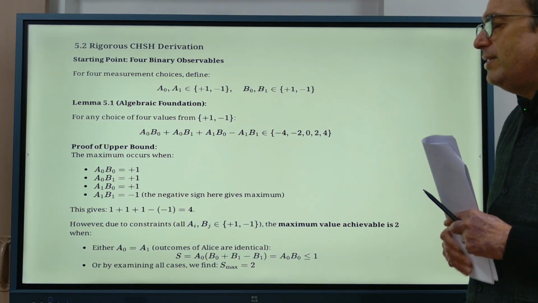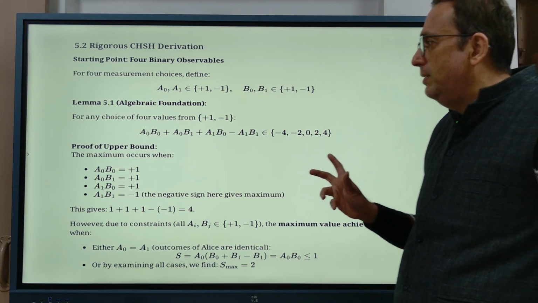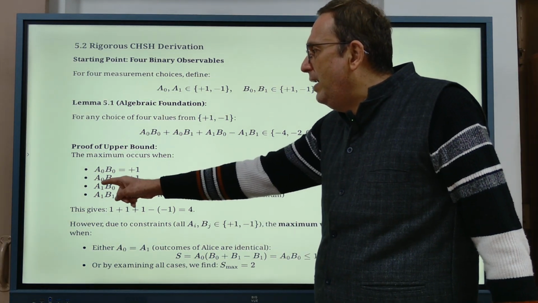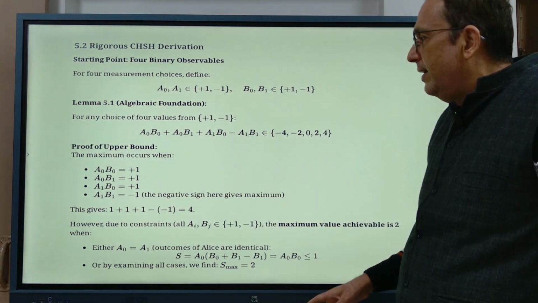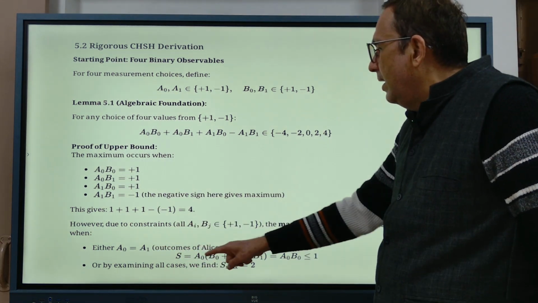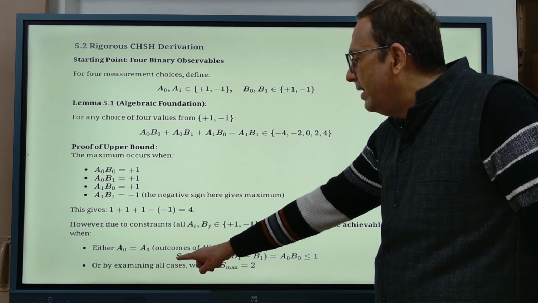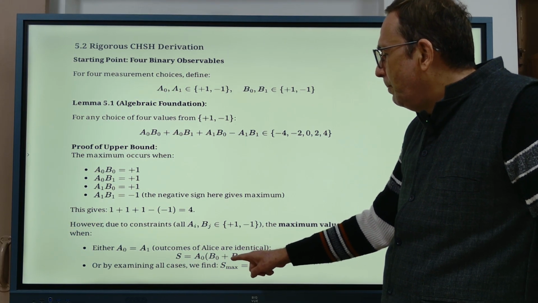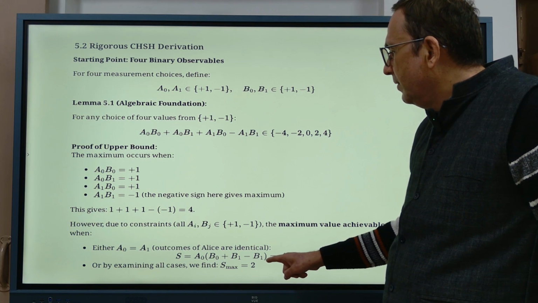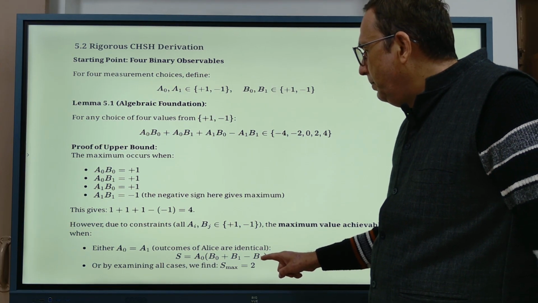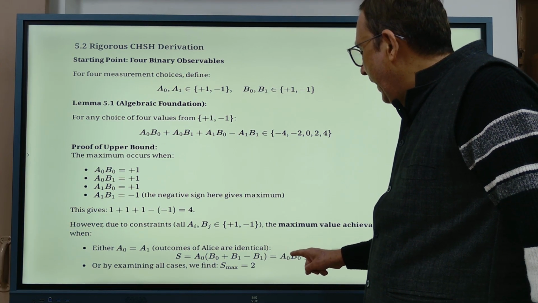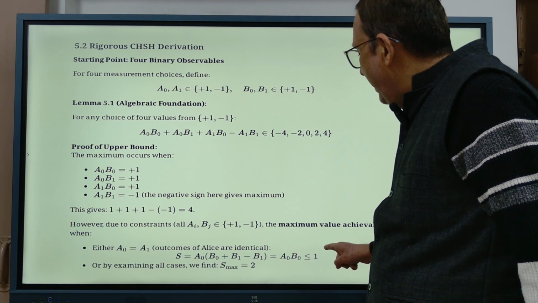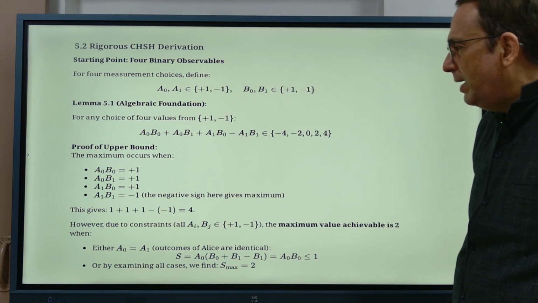But if we just actually do the calculation, let us say we take A1 and A0 as equal, then in that case, the value of the S term is A0 minus B0 plus B1 minus B0, which is basically going to be equal to A0 B0, which is less than or equal to minus 1.